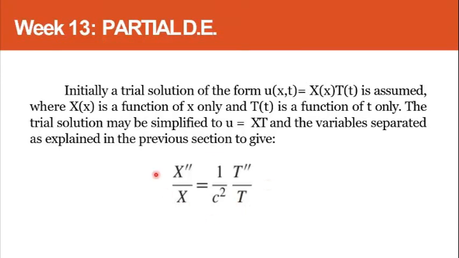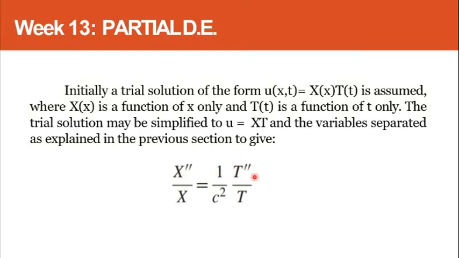Separated na rin to based dun sa discussion natin last week 12, kapag meron tayong nakita na apostrophe, diba? Pag isang apostrophe lang, we can determine it as first derivative, or we can say na X prime lang siya or first derivative. Since dalawa yung apostrophe, ang kinakategorize nito is the second derivative of X. And then, for the T naman, same lang din.